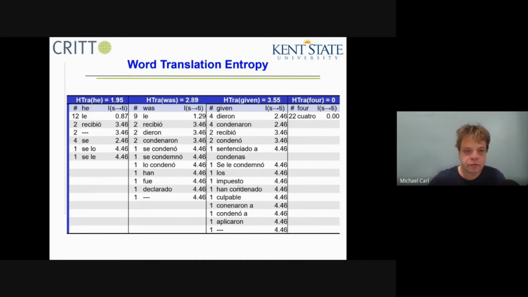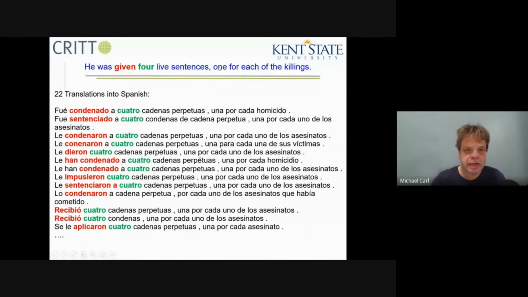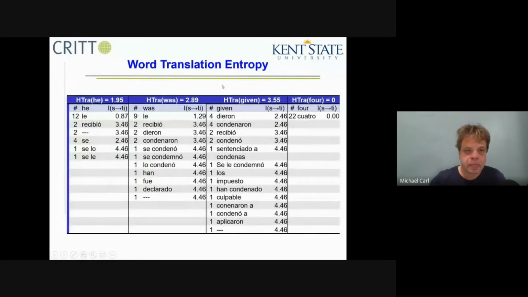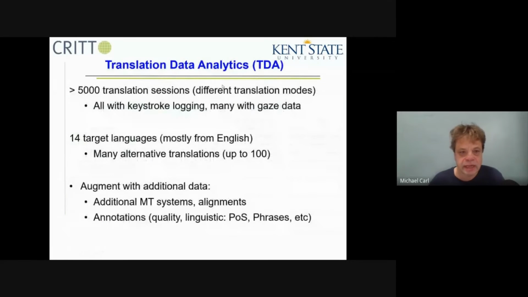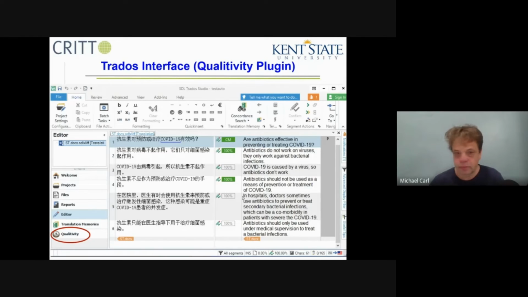For this text here translated into Chinese, we have 100 versions with key logging and gaze data. So we can assess these entropy values quite precisely. These data can be added with machine translation output, part-of-speech tags, phrase information, and lots of additional linguistic information.